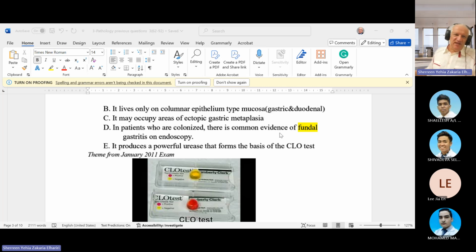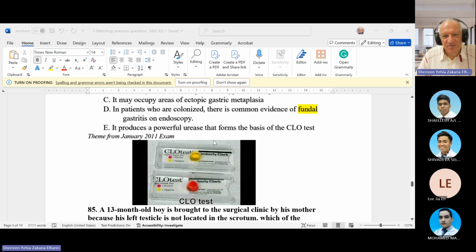So you never have an ulcer in the fundus. This is just logic. Any other part of the stomach, pre-pyloric is a common site, greater curvature is a common site, lesser curvature is a common site, but the fundus is impossible.